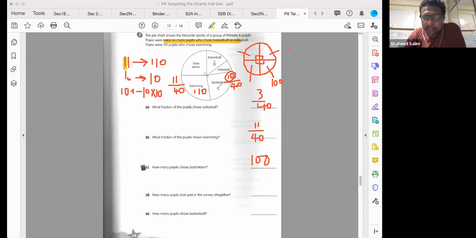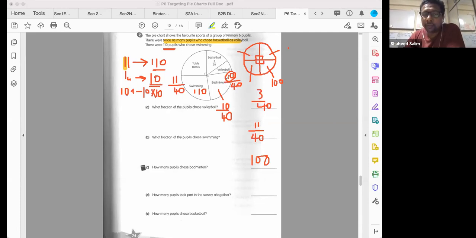Sophia, you confused. Okay, Sophia. Down here, you understand is 10 units. 10 out of 40. At 1/4, you agree? This is 1/4, right? 90 degrees. Then we add a 0, become 10 units. This is 10 out of 40 units. Total 40 units. Down here we found out 11 out of 40, 11 units. 11 units is 110 pupils. 1 unit is 110 divided by 11, you get 10 pupils.